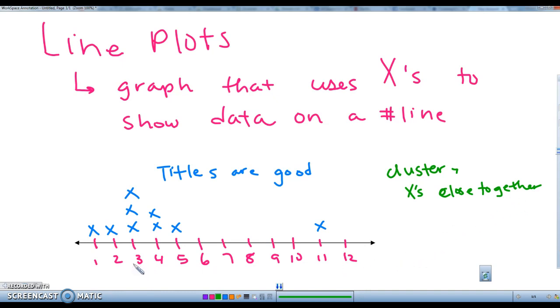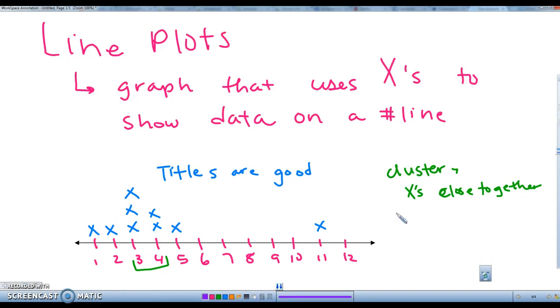So most of our data here is clustered at 3 and 4. I have 3 on 3 and 2 on 4. That's more than any of the other ones, and they're right next to each other. So 5 of my data points lie on these two numbers. You could do a wider cluster, which would be 1 to 5, but usually with as many x's there are on 3 and 4, we would say our cluster is there.